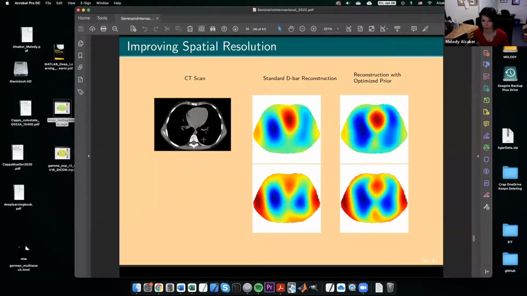Here is a previous CT scan of the patient that we use to extract a priori organ boundaries. And then we can take as many EIT scans as we want and just use those a priori boundaries from the one CT scan. So here in this column are some standard dbar reconstructions, and here are the corresponding a priori reconstructions with the extra information added in to sharpen the boundaries.